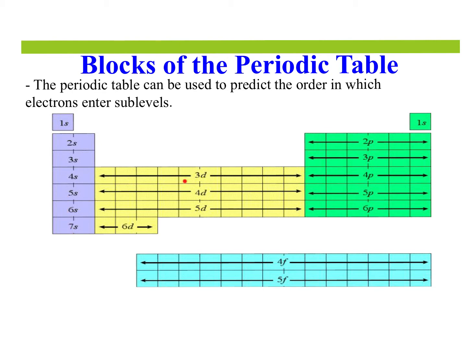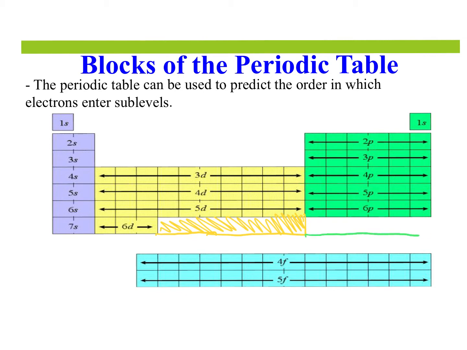This middle section is the D block. Since this image was created, some elements have been discovered. So on your periodic table, you're going to shade in this entire rectangle. And then make sure you label it 3D, 4D, 5D, and 6D. And then finally on the right side, we call this the P block.